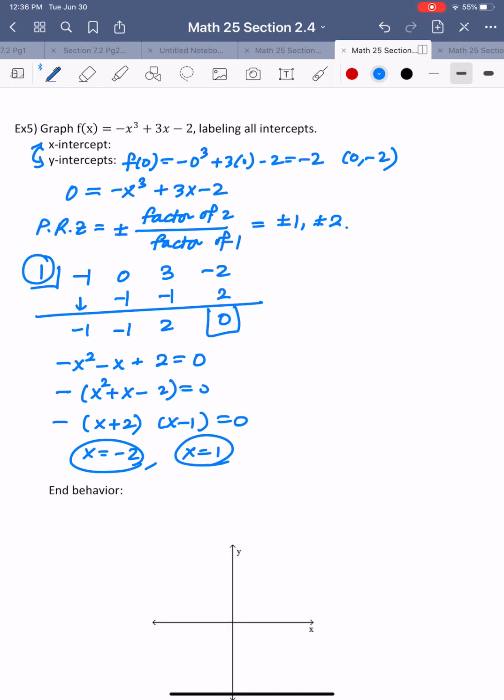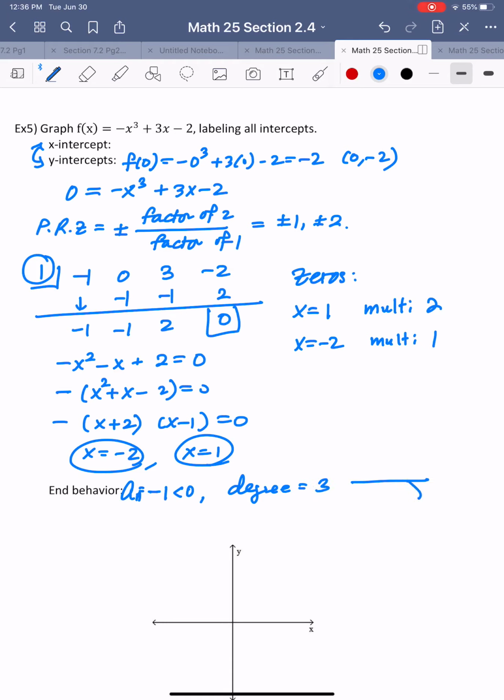So the zeros are x equals 1 with multiplicity 2, and x equals negative 2 with multiplicity 1. For end behavior, a sub n is negative 1, which is less than 0, and the degree is 3.